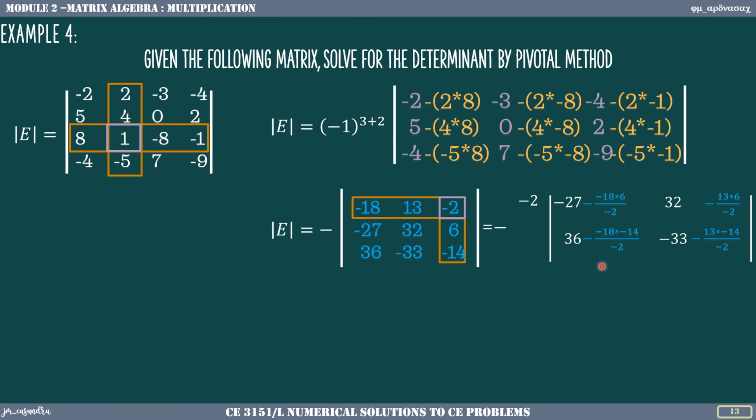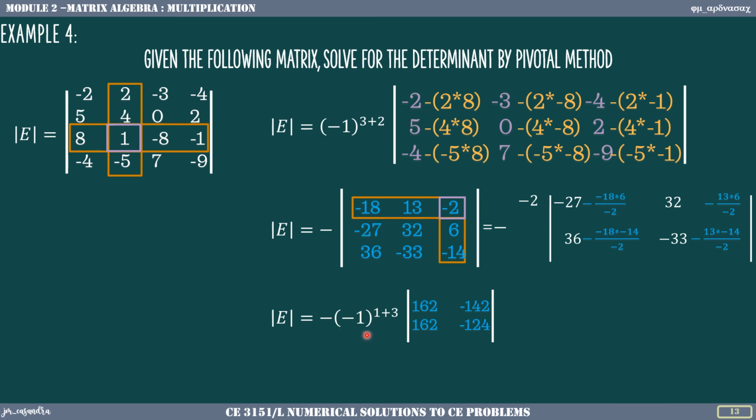So simplifying our elements here, the factor negative 2 will only be distributed to the first row. So we'll now have 162, 162, negative 142, and negative 124 respectively.